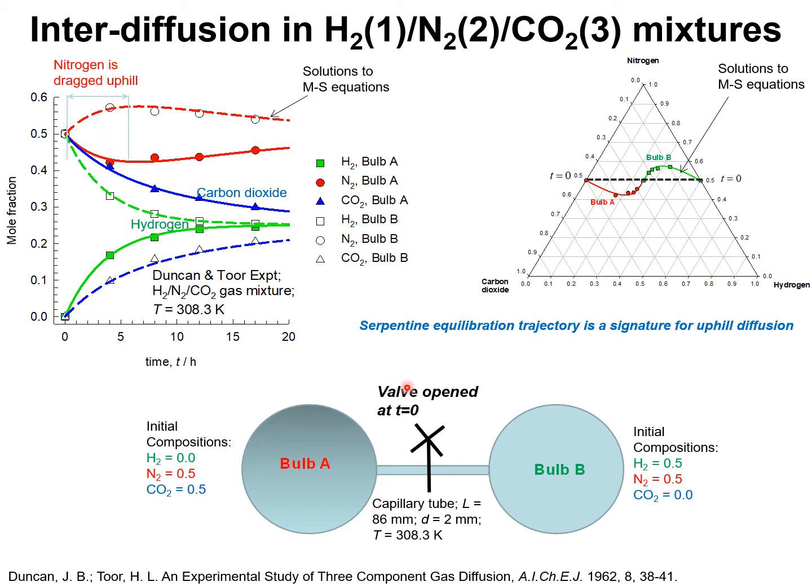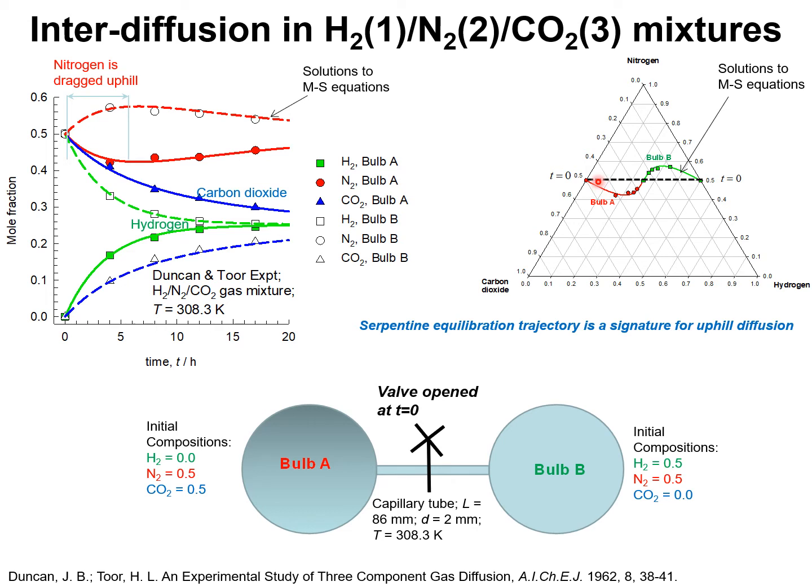Therefore, we draw the conclusion that even in a ternary gas mixture, it is possible to experience uphill diffusion due to differences in the drag coefficients of the 3 binary pairs.